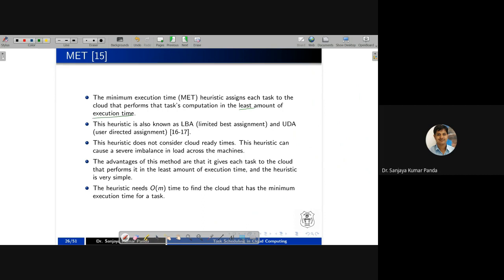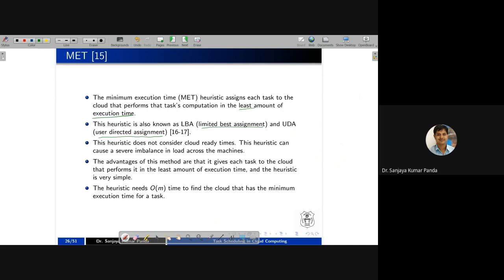So out of these three different clouds, you have to select the cloud which is minimum among all the available clouds. This heuristic is also called limited best assignment, because you are choosing the best one among the available ones. It is also called UDA, that is, user directed assignment.